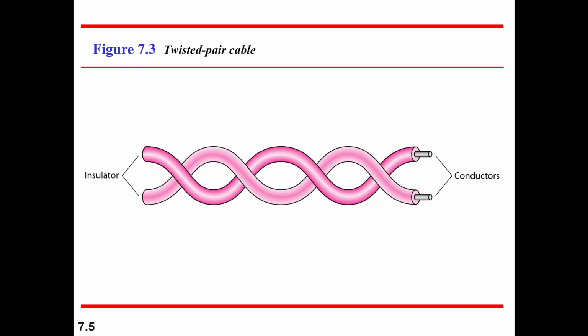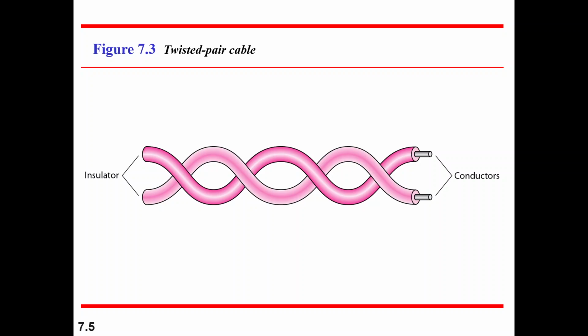Let's move ahead with the first category, that is twisted pair cable. A twisted pair consists of two conductors, normally copper, each with its own plastic insulation, twisted together. As the diagram is showing, one of the wires is used to carry signals to the receiver and the other is used only as a ground reference. The receiver uses the difference between the two.